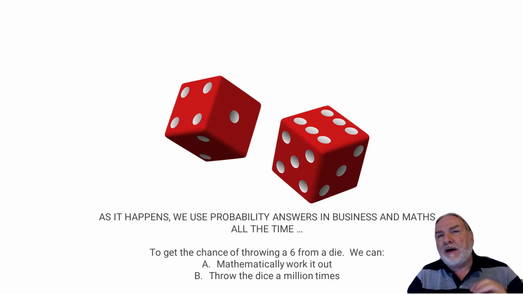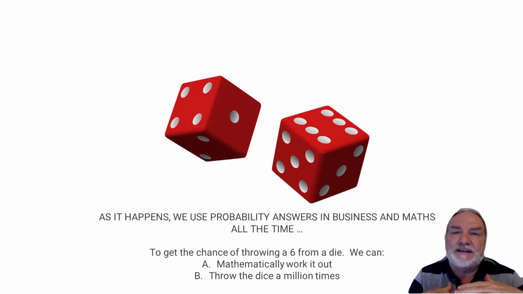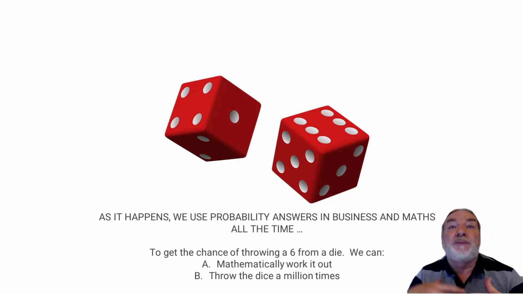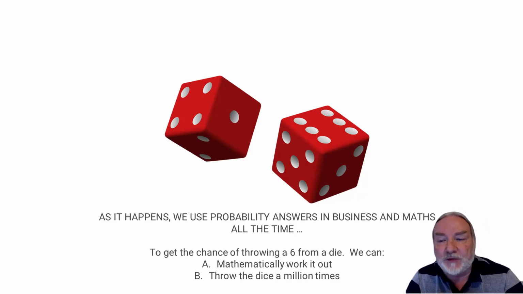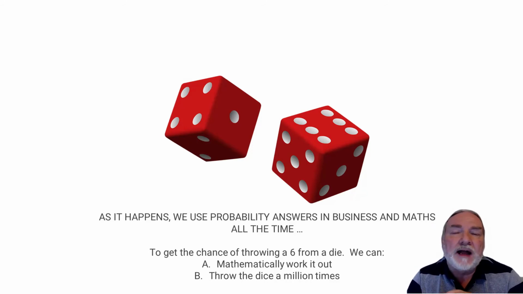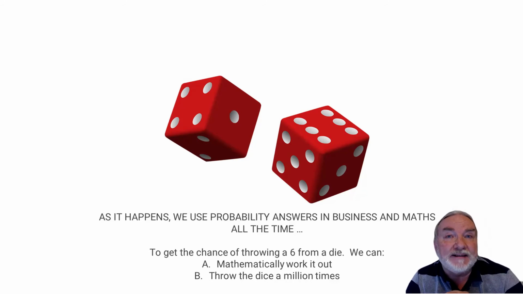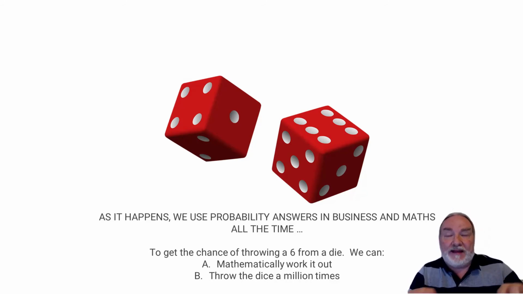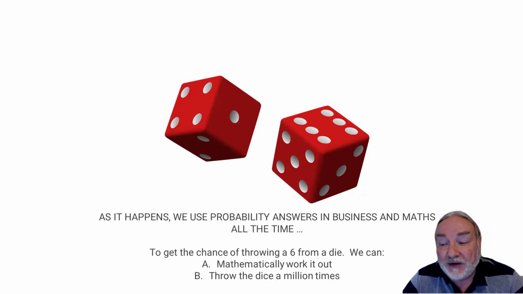I can work that out mathematically: the number of correct combinations that meet the parameter over the total possible combinations. So that's 1/6. Or I could throw the die 1,000,000 times and see what the chances are, and you'd find it'd be amazingly close to 1 in 6.